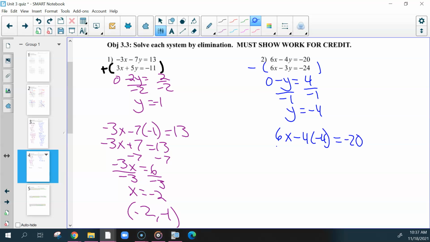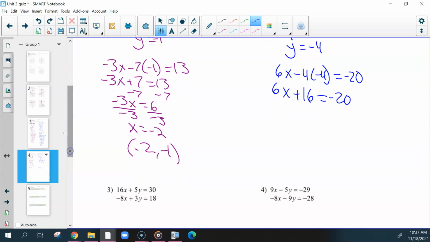And solve. So this would be plus 16. And you could solve for x, subtract 16 on both sides, and divide. So your ordered pair would be -6, -4. Questions on that one?